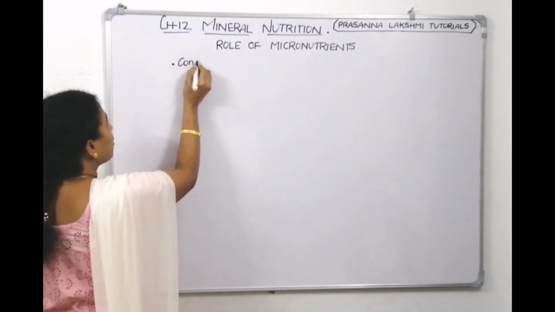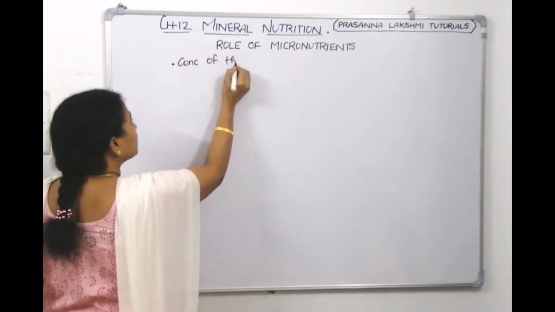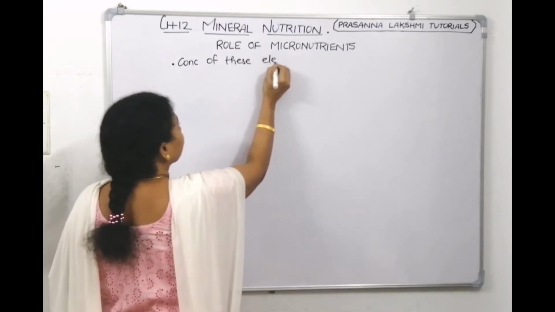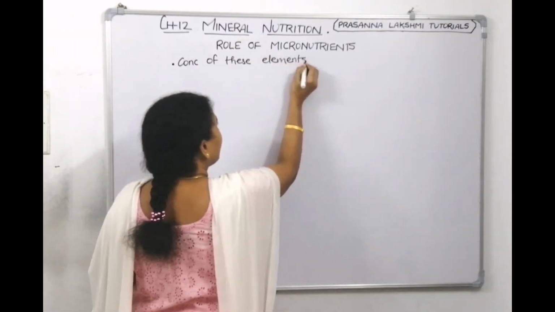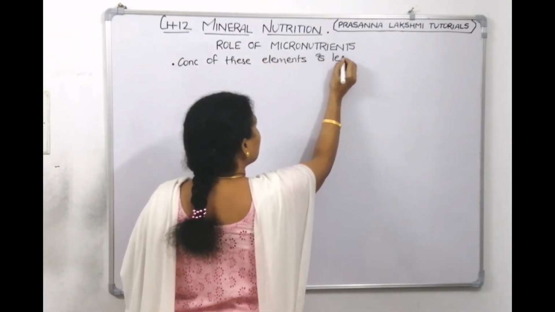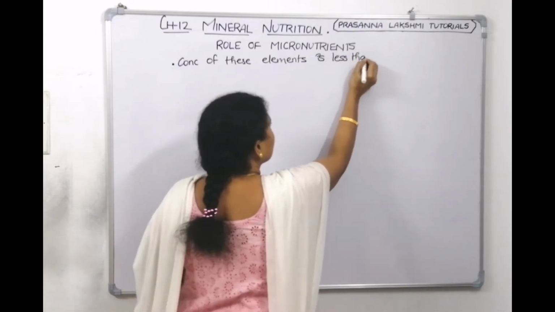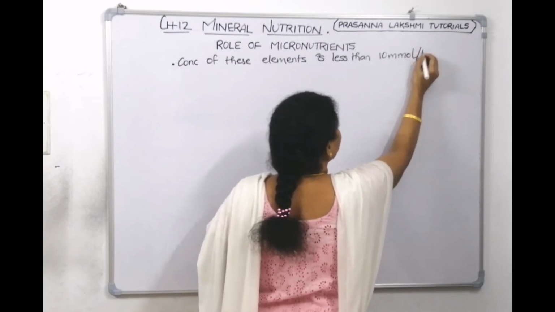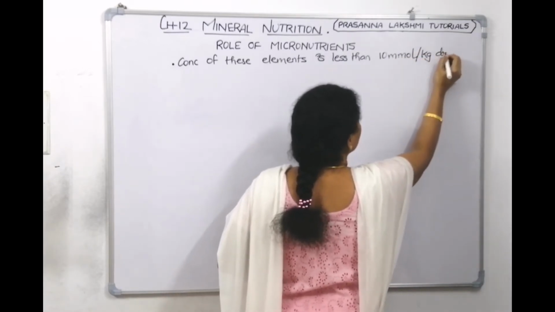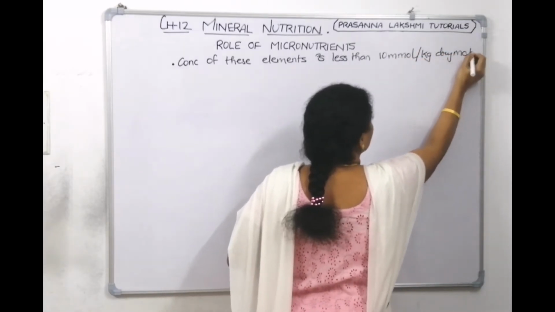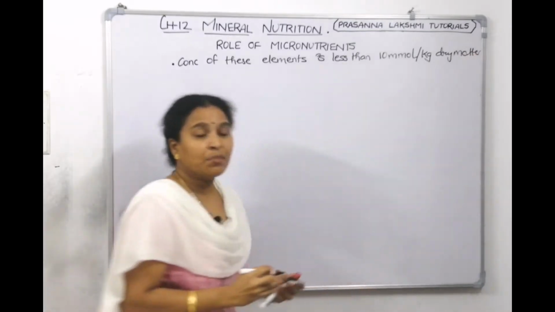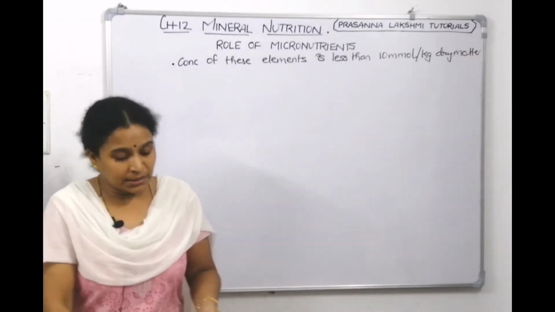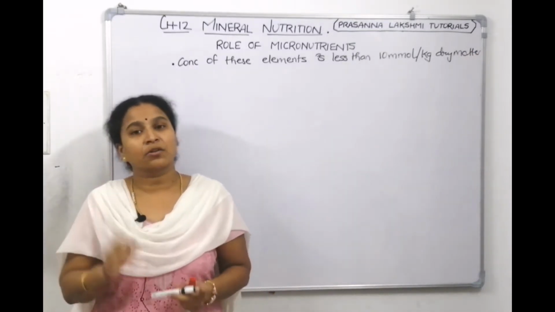The concentration of these elements is less than 10 millimoles per kg dry matter. If it is less than 10 millimoles per kg dry matter, then that element is considered a microelement.